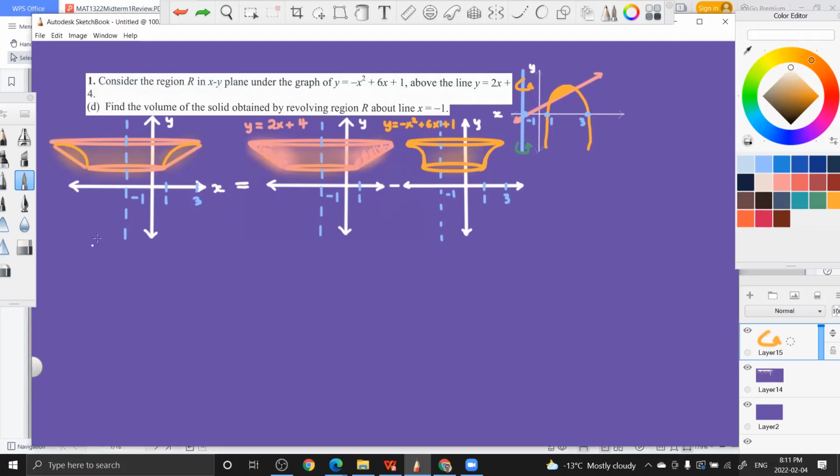Like last time, the volume is V out minus V in, which is the integral from 1 to 3 of A out minus the integral from 1 to 3 of A in.